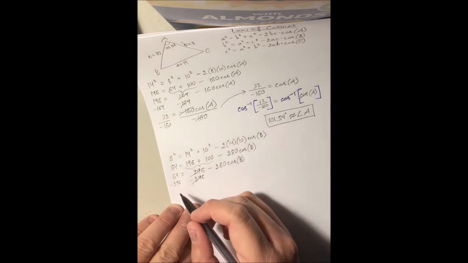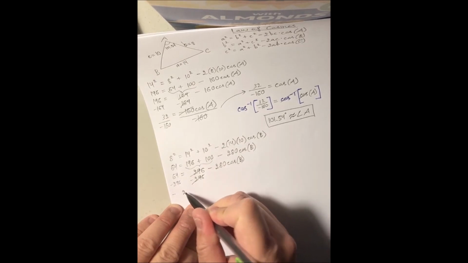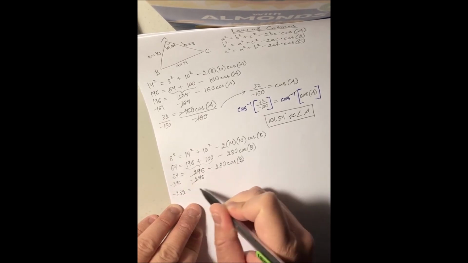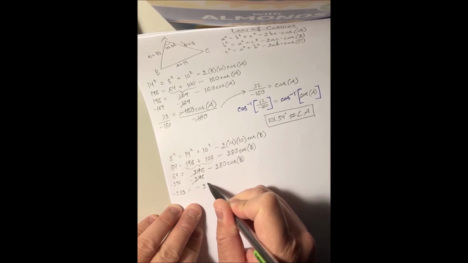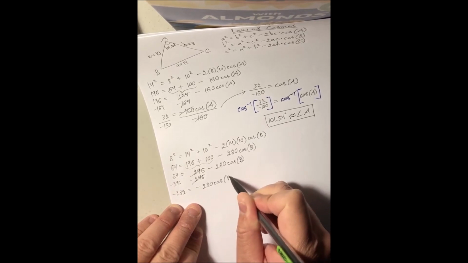I would be left with negative 232 equal negative 280 times cosine of capital B.